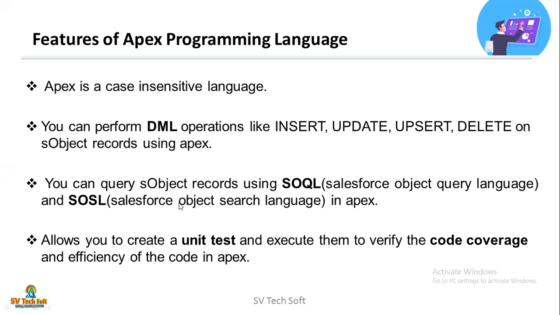Other than DML operations and retrieving data, in Salesforce you can also create unit tests to verify your code coverage. Salesforce strictly mentions deployment. Deployment is nothing but moving your code from one org to another org. To do that, you have to know the deployment process.